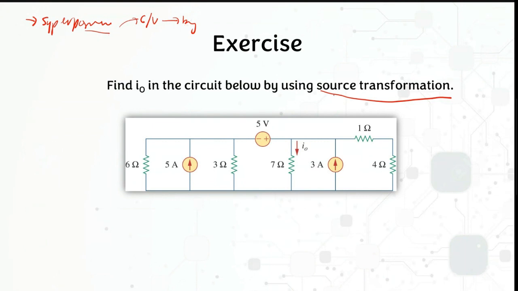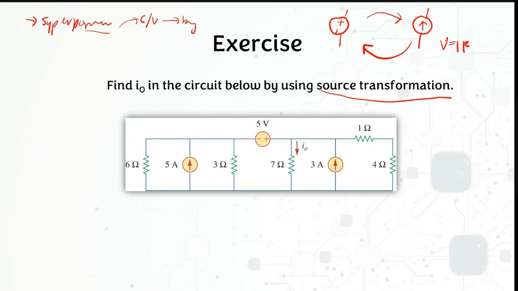Now, a recap of source transformation before we do this exercise. For source transformation, you just need to transform voltage to current, or current to voltage, by using Ohm's law.